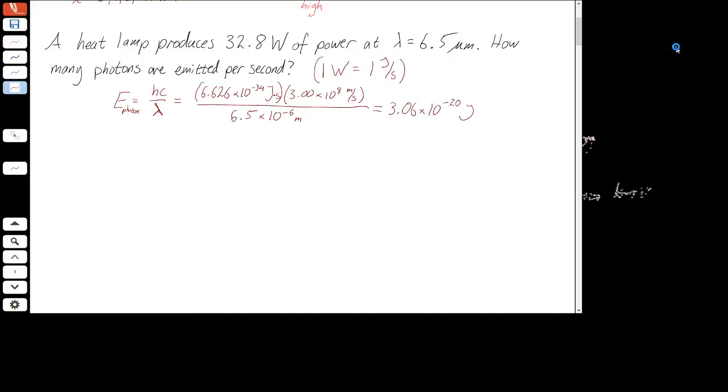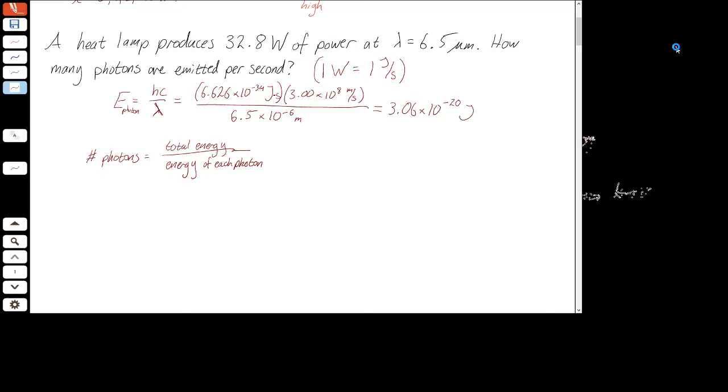So our general strategy is that the number of photons is whatever the total energy is divided by the energy of each photon.